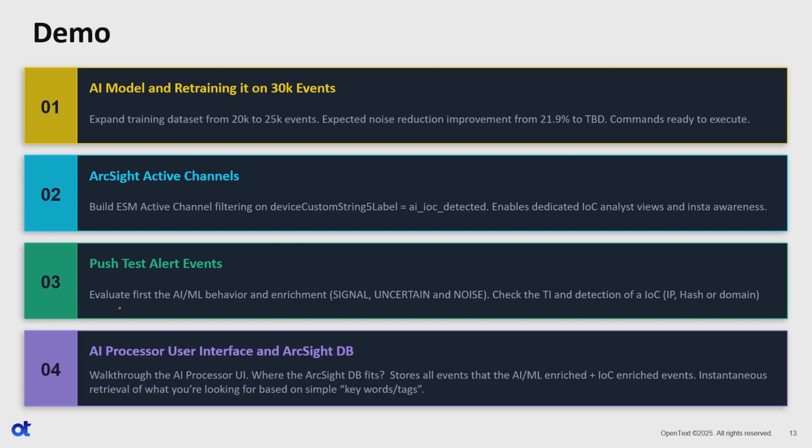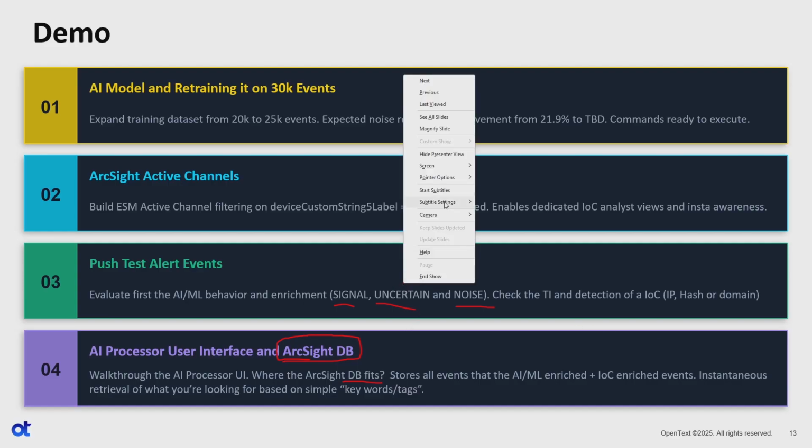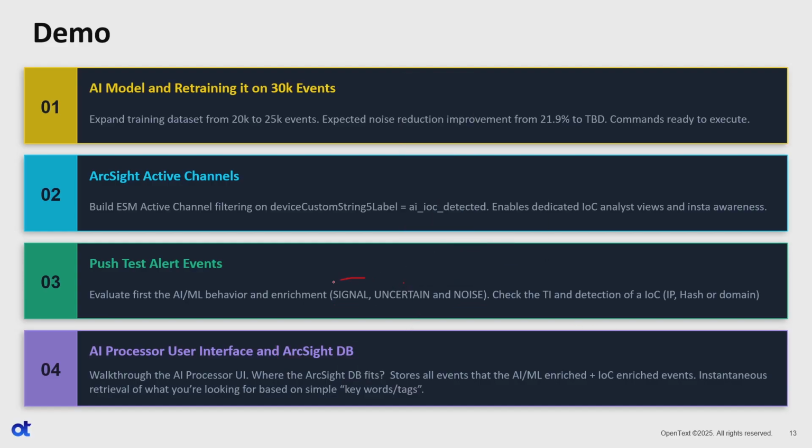Push test alert events, evaluate first the AI ML behavior. We're going to see signal, uncertain, and noise. And then finally, we're going to explain also where the ArcSight database fits into this whole thing. What I can spoil almost immediately is that all 3 types of events are going to get to the ArcSight database.